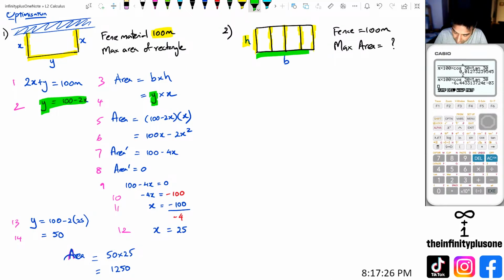So I've got 5 h's and I've got 2 bases. So the actual perimeter formula changes for this one, because I'm going to get 2 bases plus the 5h equals 100.